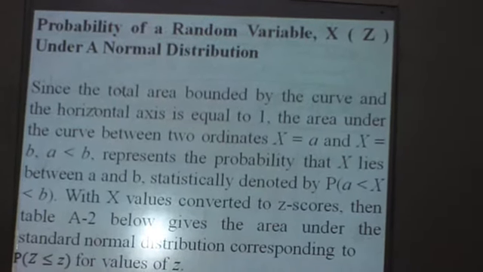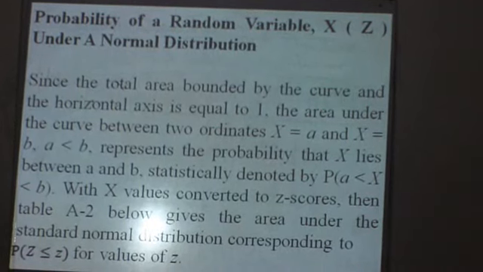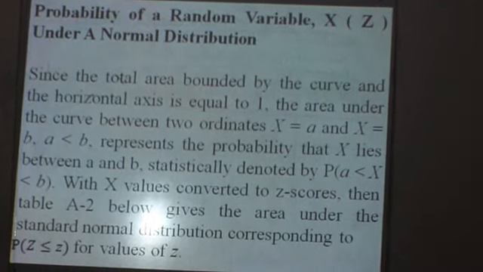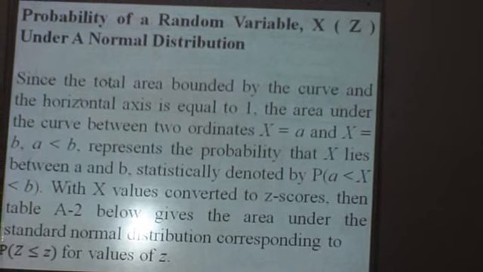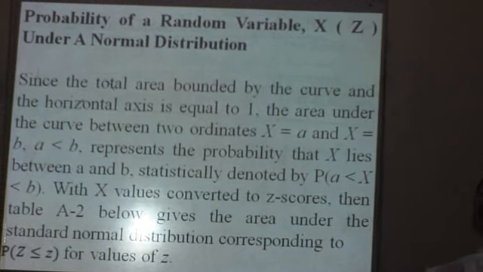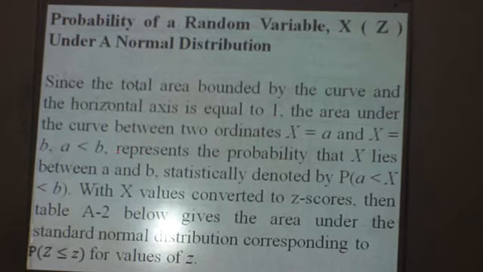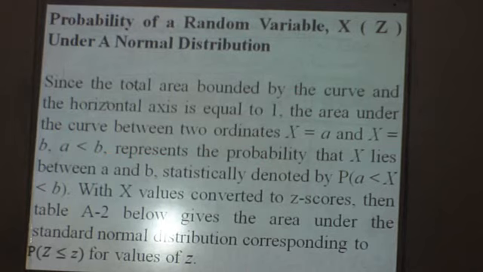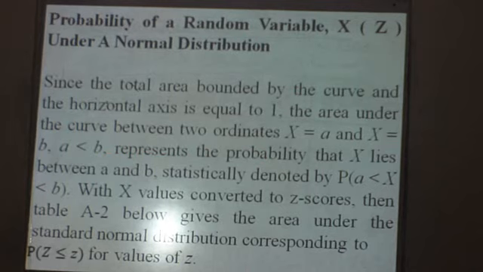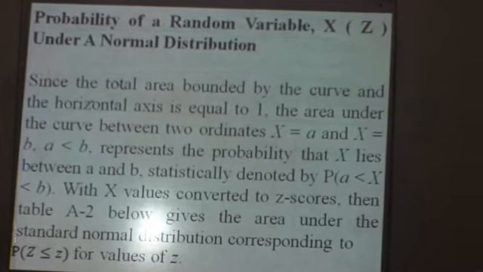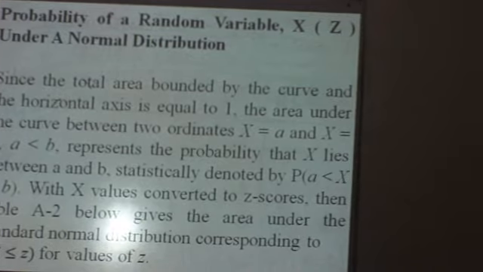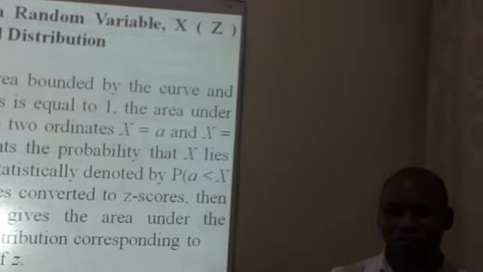Now let's move on to probability of random variable x under a normal distribution. If we are talking of probability, that's the probability that a random variable will fall within a specific range in the normal distribution curve. So let's look at this example.